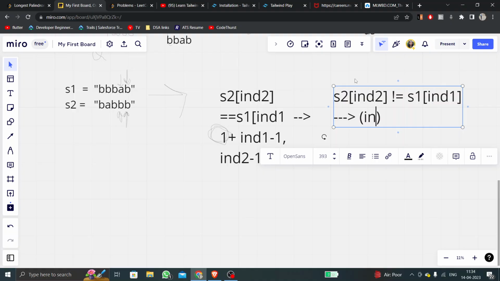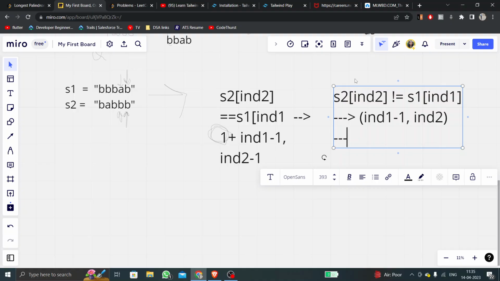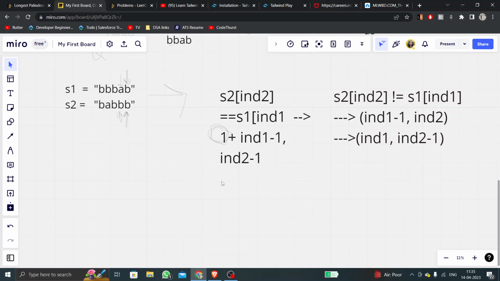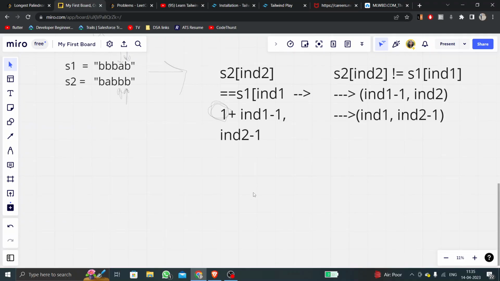We'll check two cases, in one of which I have decreased the length of string 1, and in the other one string 1 will be there only and string 2 is reduced by 1.